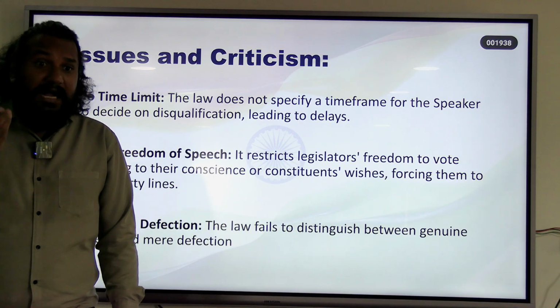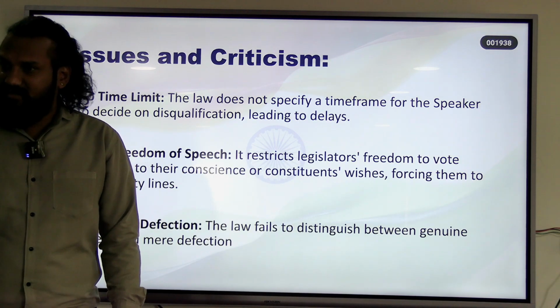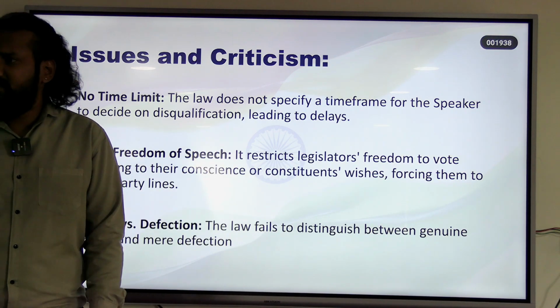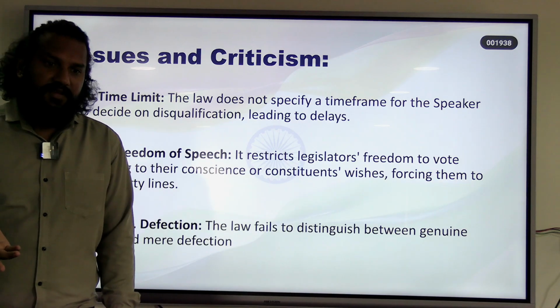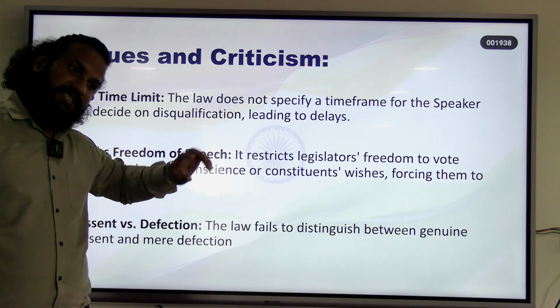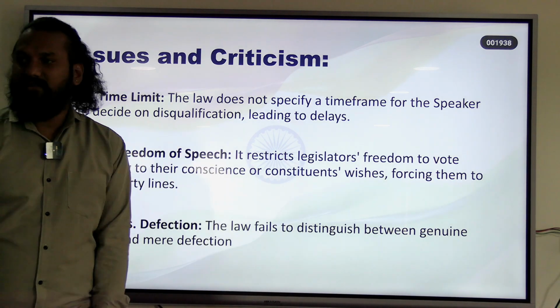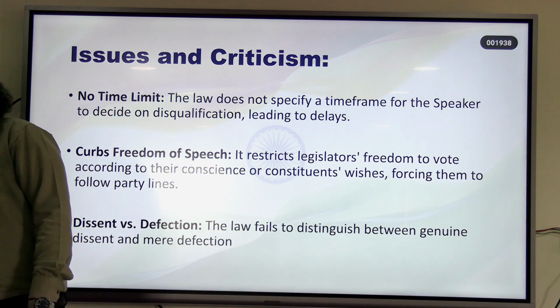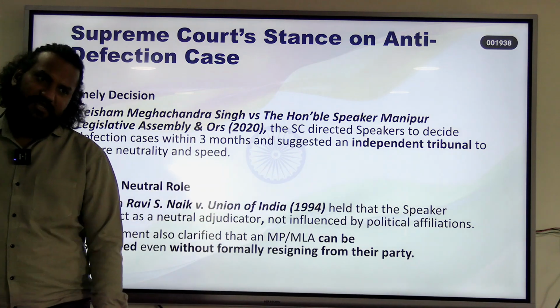He is acting according to his conscience. So that is a dissent, which is going against, but that is not a defection. But dissent is also considered a defection under this law. Are you understanding? So that is also one of the problems in this law.